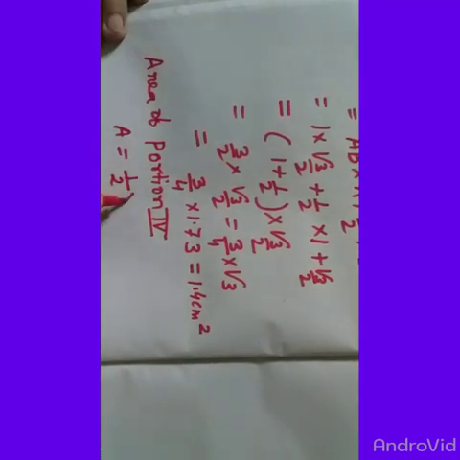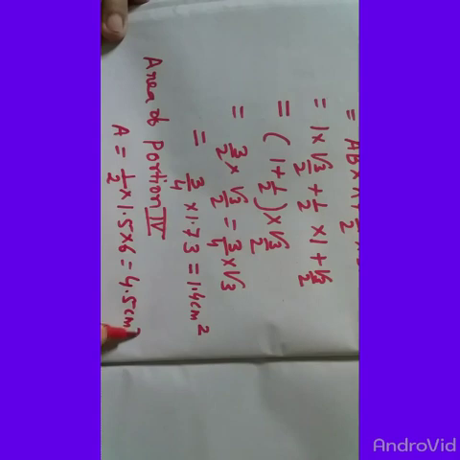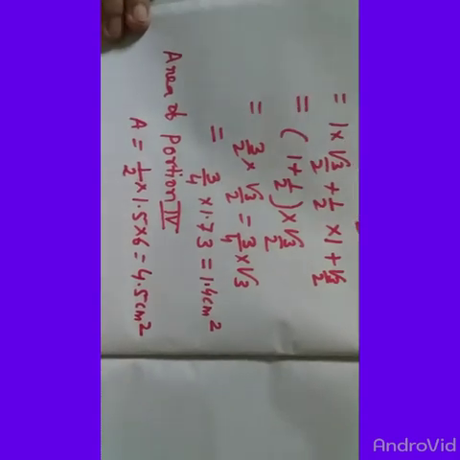So 1 by 2 into base into altitude, that is 1.5 into 6, which is 4.5 centimeter square. And area of figure 5 is the same. We can say that area of figure 4 and figure 5 is the same, so the area of portion 5 is also 4.5.